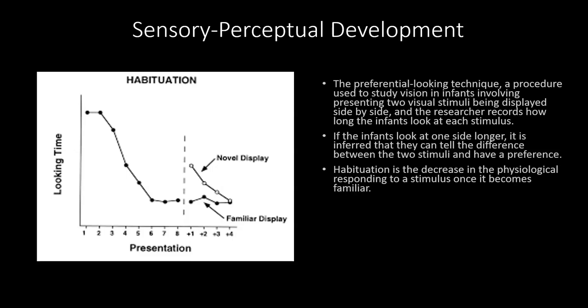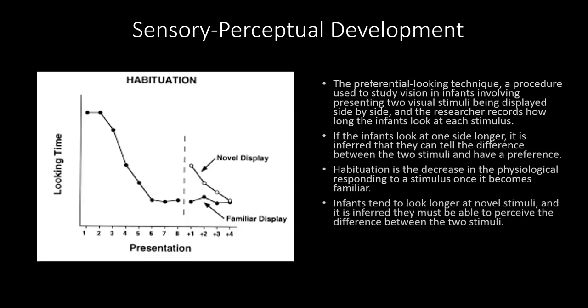When you add new elements, so you have the bottom line where it says familiar display, you show that image, they'll acknowledge it but ignore it. You give them another new thing to look at, they're going to pop up, look at it for a while, and then habituate to that as well, going down to baseline.